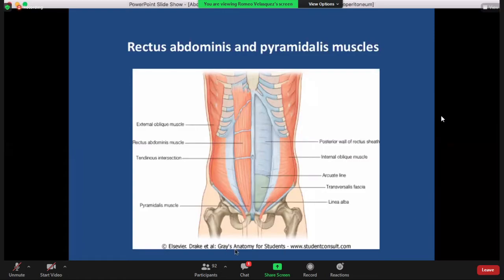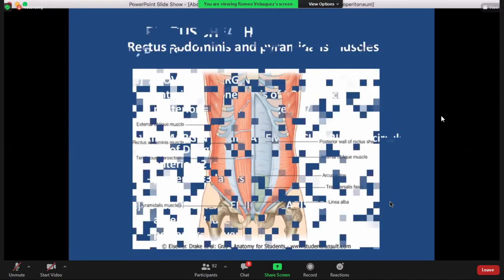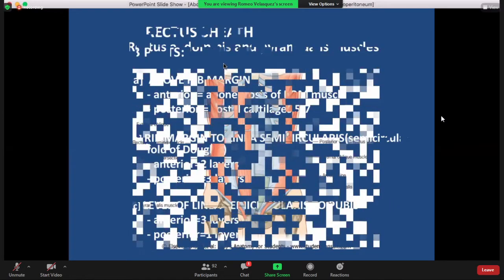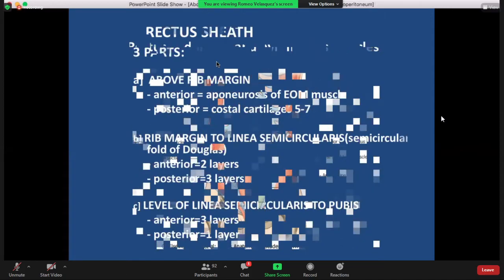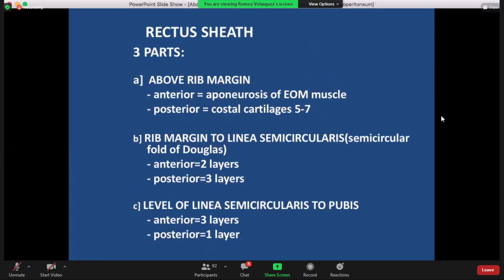This was taken from Gray's Anatomy for Students, and you can also see this in Gray's Atlas of Anatomy. So these are the three parts you should take note of in the composition of the rectus sheath: above the rib margin, to the linea semicircularis, or the semicircular fold of Douglas, and the level of the linea semicircularis to the pubis.